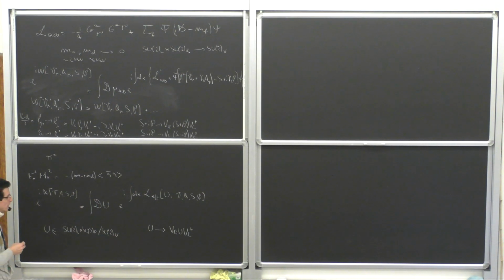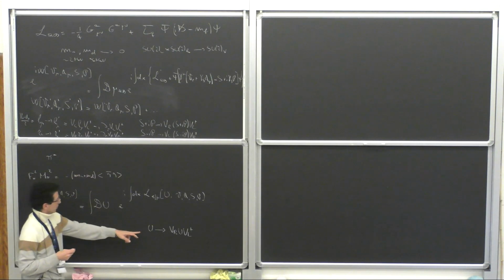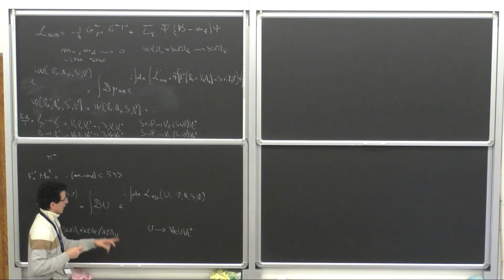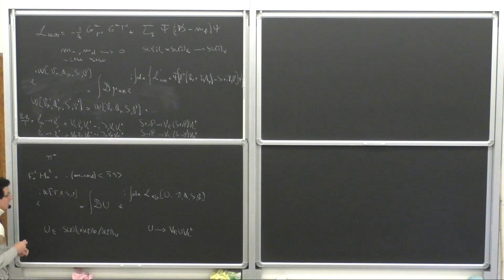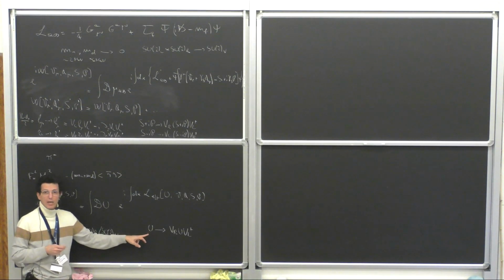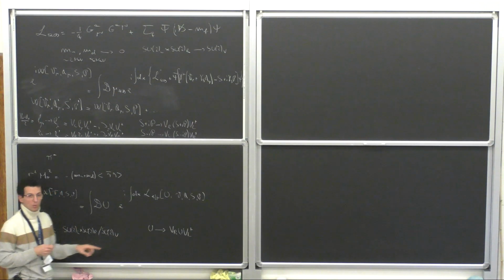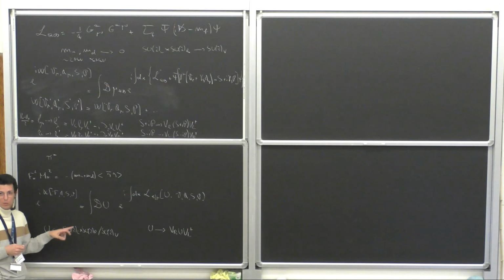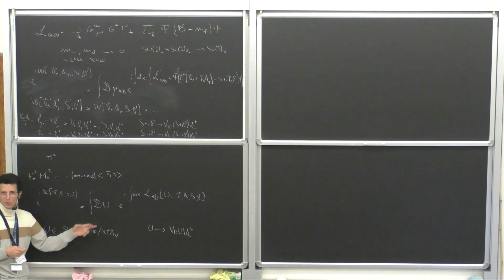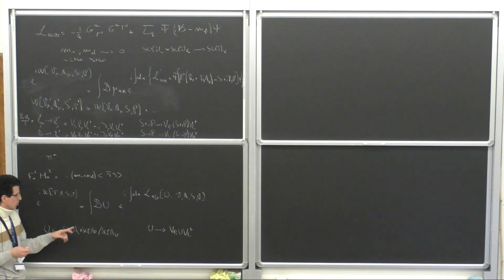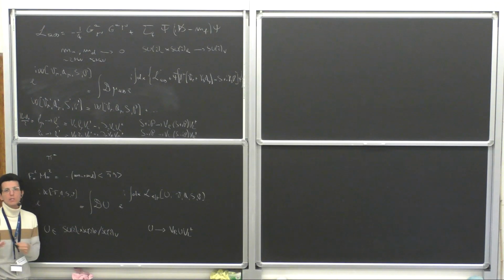Okay. So now, where are the pions here? The pions are coordinates of this SU2 group. Okay, U belongs to SU2. This quotient group is an SU2. You see, SU2 times SU2 divided by SU2 is SU2.